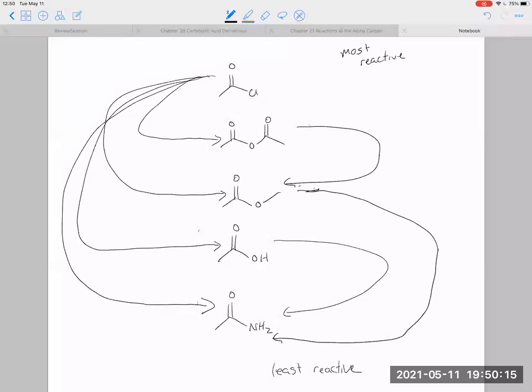The least reactive or the most stable is going to be the amide. For the most part, when you're going from something more reactive to something less reactive, it's pretty straightforward in terms of what you need. You're just going to look at what functional groups you need to swap out.